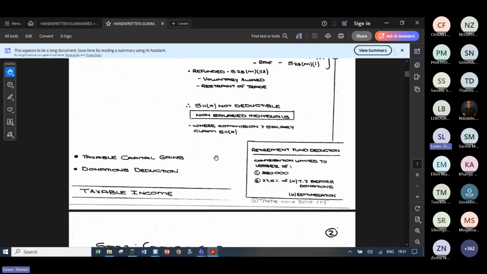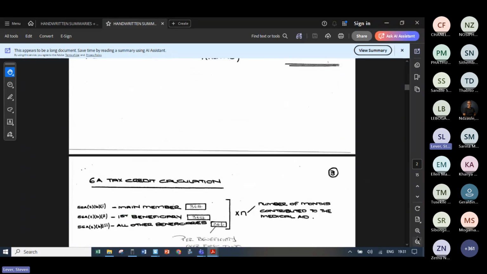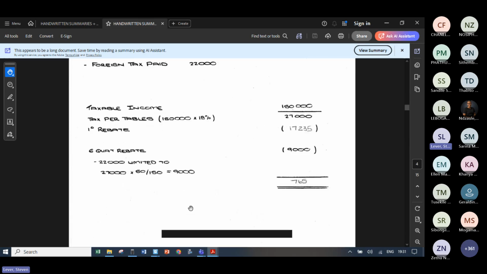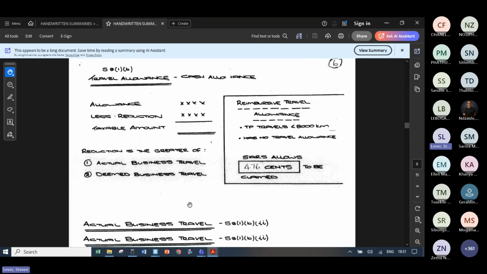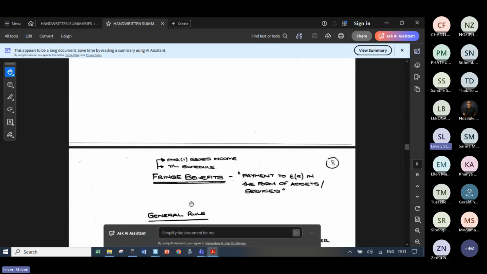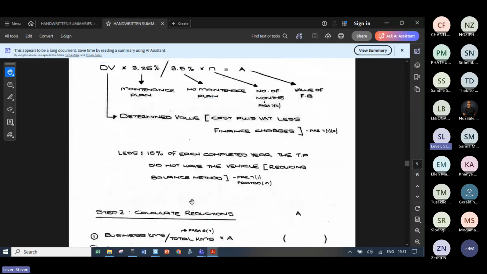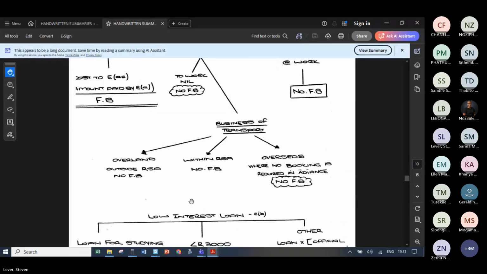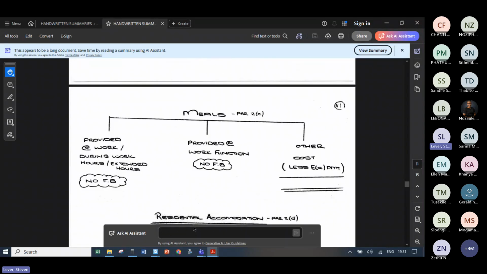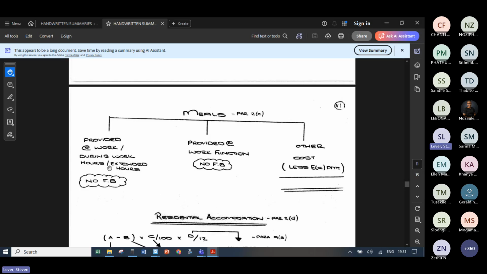Guys, so this was the one that I gave you yesterday. And inside yesterday's one, you've got all your fringe benefits in there. Sorry, just let me get to meals. There's meals. It says provided at work, during work or extended hours, no fringe benefit.